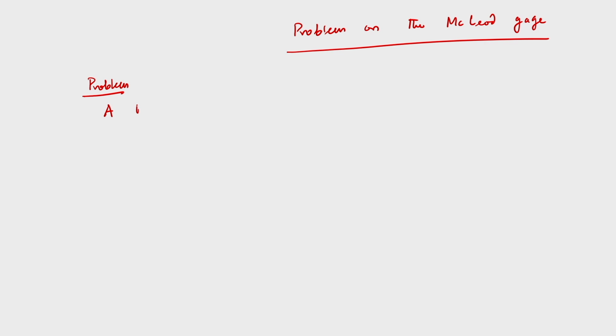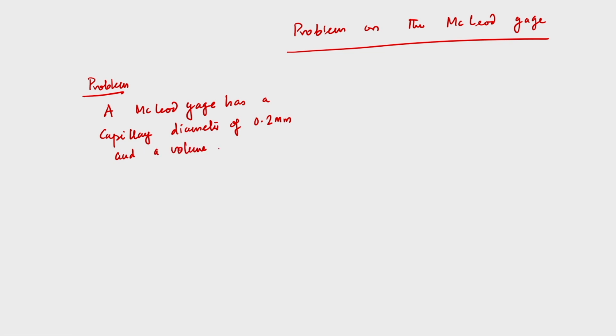A McLeod gauge has a capillary diameter of 0.2 millimeter and a bulb volume VB equal to 125 centimeter cube.